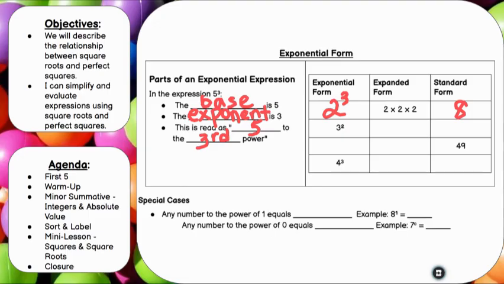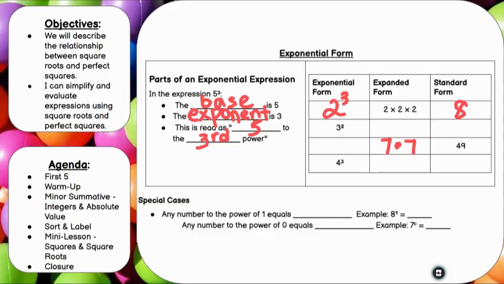Let's jump down to the third row where we have 49. What we need to ask ourselves when we're given this standard form, but we don't have the other two, is what number times itself would give us 49? And in that case, hopefully you would come up with 7. So 7 times 7 is 49. Now, do you notice I did not use a multiplication symbol? I used a dot.